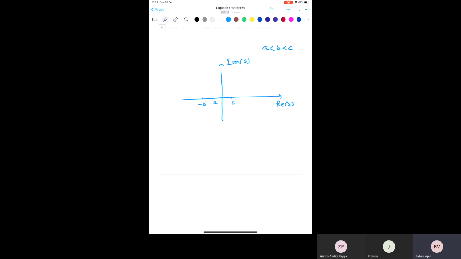If I find the ROC which these three give together, it will either be in this range, or from this range to this range, or after this. It depends on the question given to us.